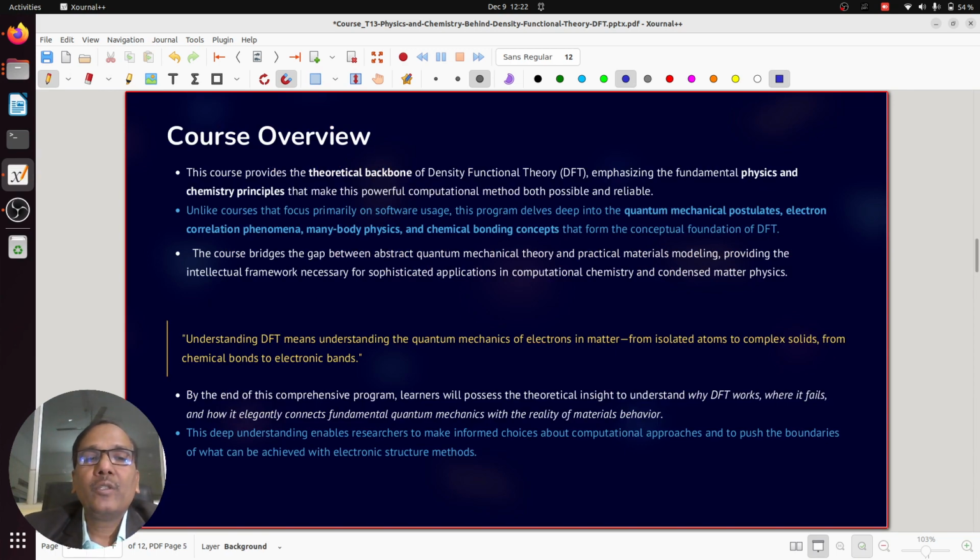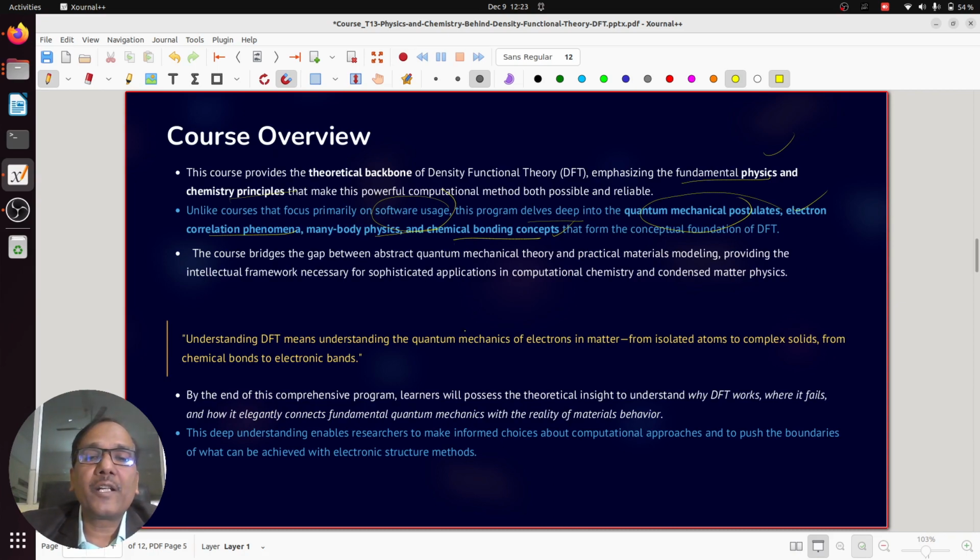Course overview. This course provides the theoretical backbone of density functional theory, emphasizing the fundamental physics and chemistry principles. Unlike courses that focus primarily on software usage, this program delves deep into the quantum mechanical postulates, electron correlation phenomena, many-body physics, and chemical bonding concepts, because all these things we generally involve in explaining the results obtained after a SIESTA run.